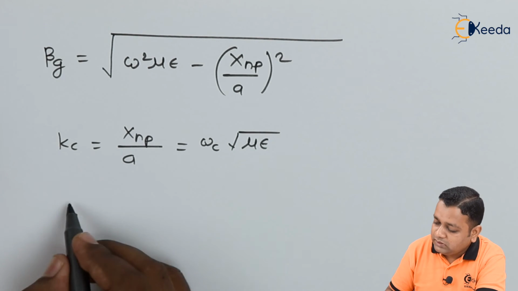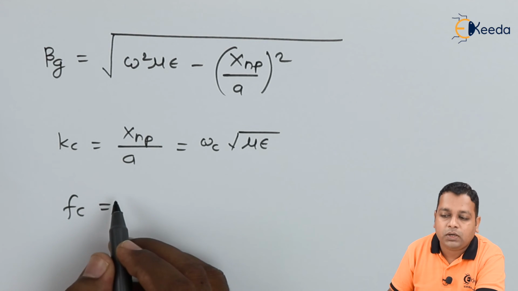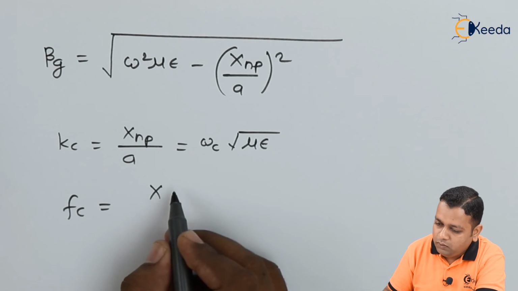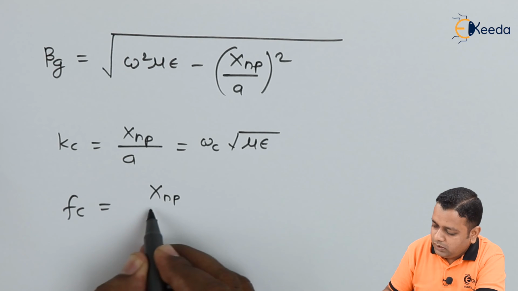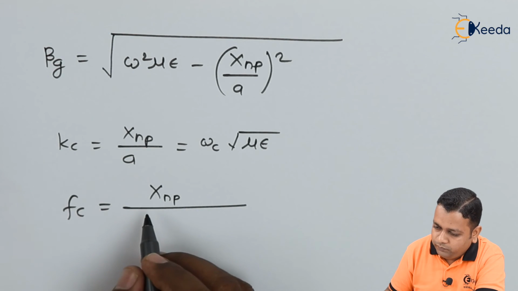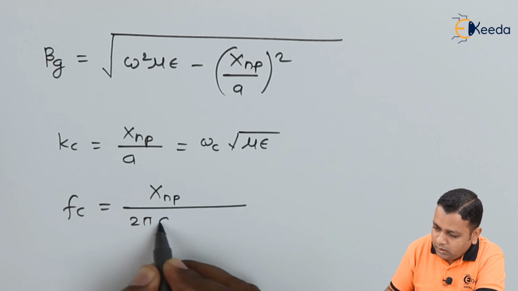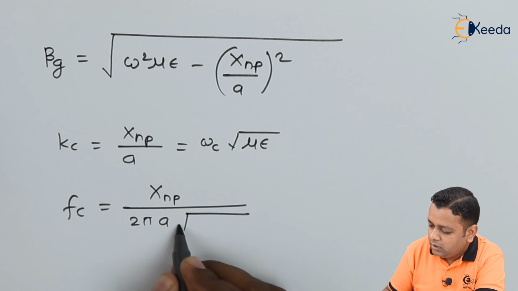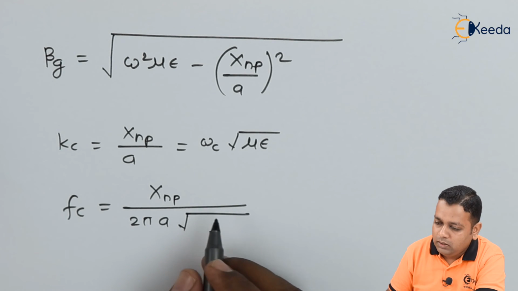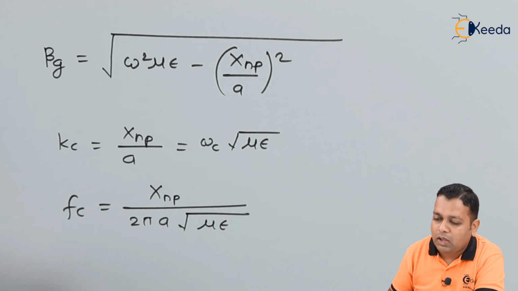Whereas the cutoff frequency fc is obtained as capital Xnp divided by 2 pi small a, the radial dimension of the circular waveguide, into the square root of mu epsilon.